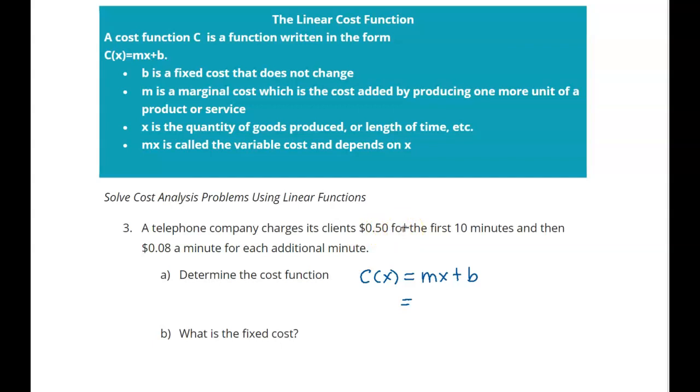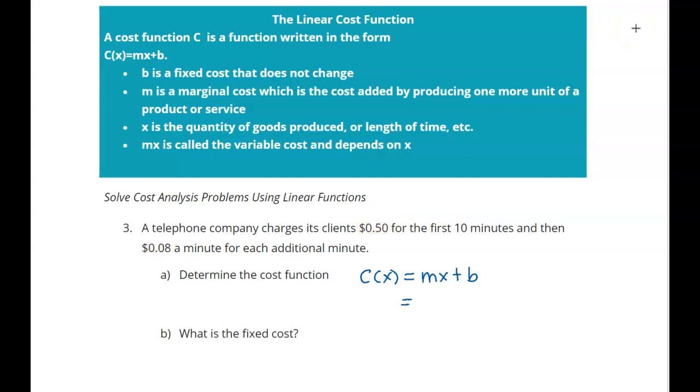So that means that this 50 cents here will be our b. And this 8 cents here per minute, this is the rate, so that would be our slope.